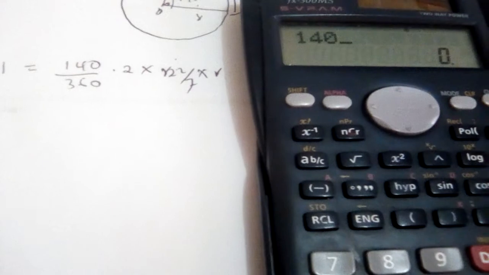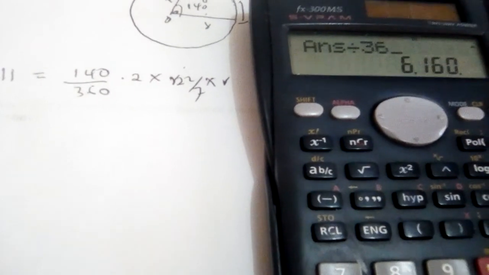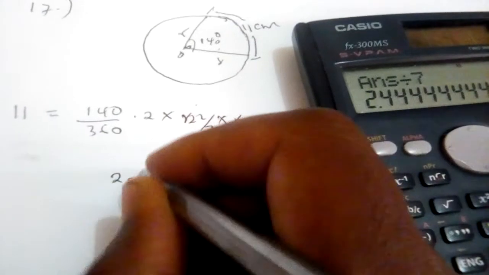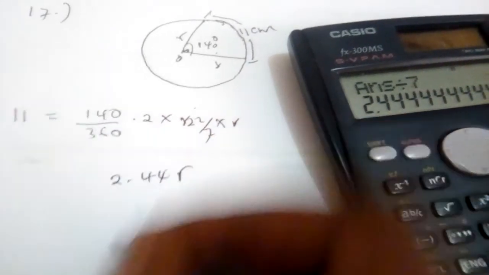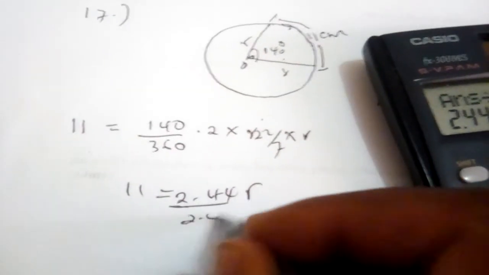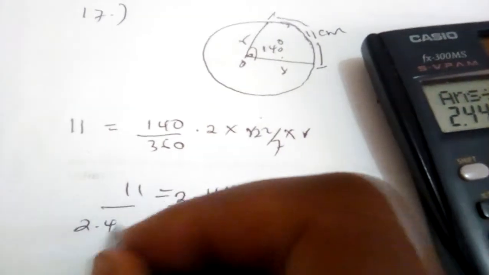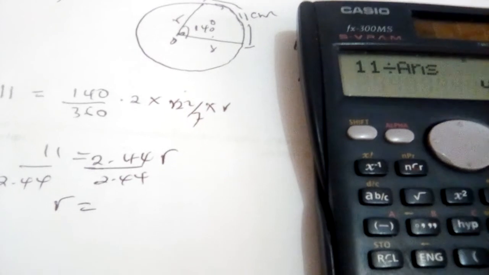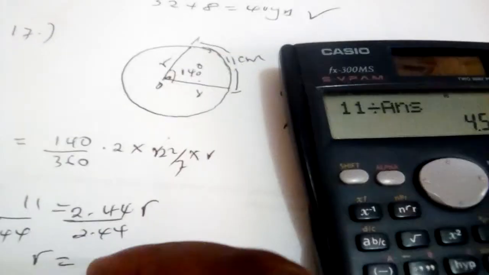I need 140 times 2 times 22 divided by 360 divided by 7. I'm going to get 2.44 times r, and this we equate to 11. So we divide by 2.44 on both sides, so the radius is going to be 11 divided by 2.44, and we get a radius of 4.5 centimeters, right?